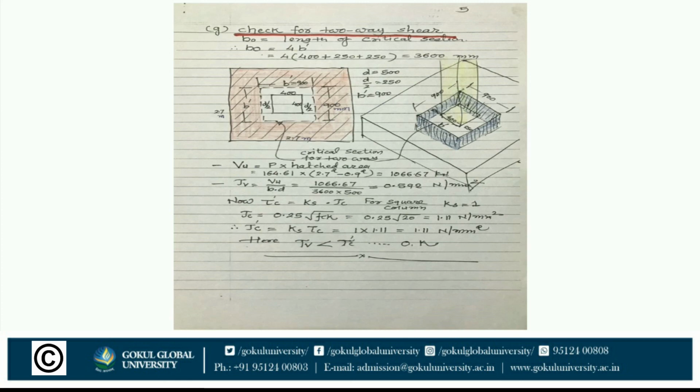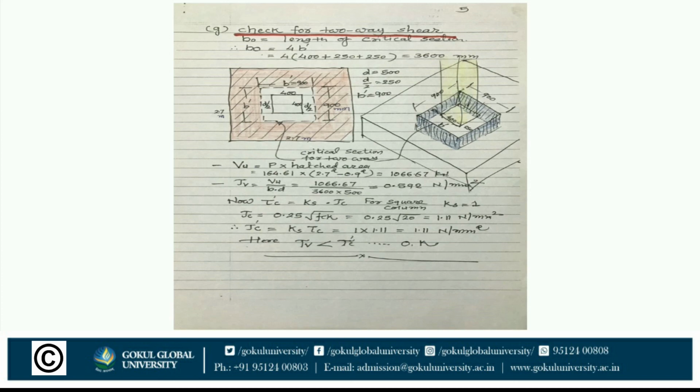Now tau dash c, which is equal to Ks into tau c. But for square column, Ks is taken as 1. Therefore, tau c is equal to 0.25 root fck, which is 1.11 Newton per mm square.